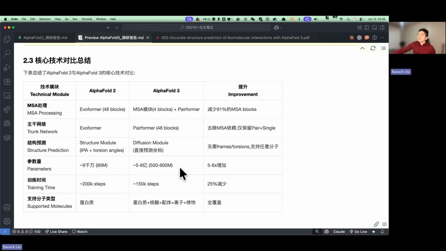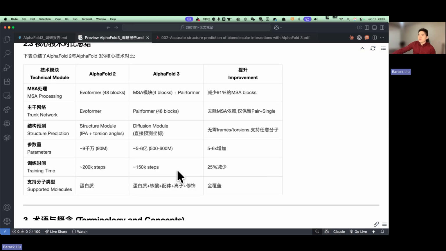Parameters: 500 million to 600 million. Training time: 150K steps. Okay, supports molecules, everything. That's insane.